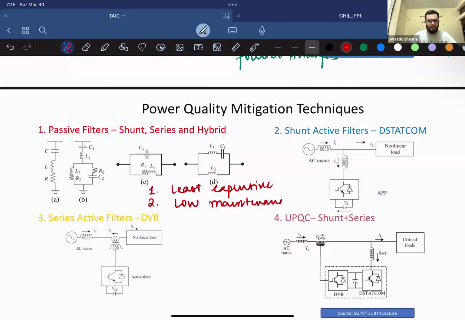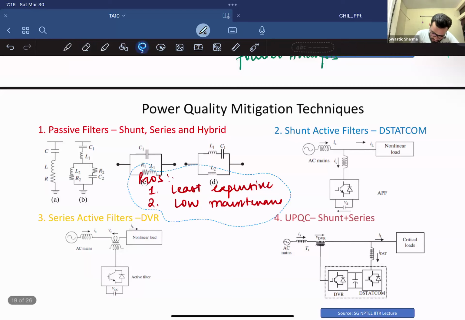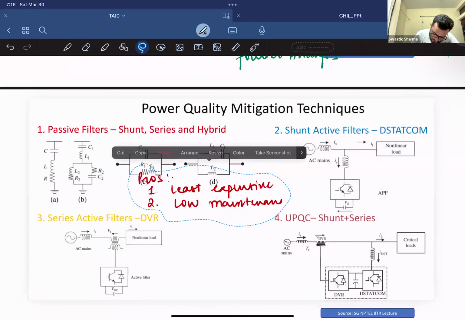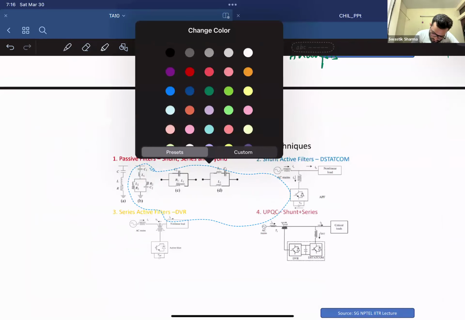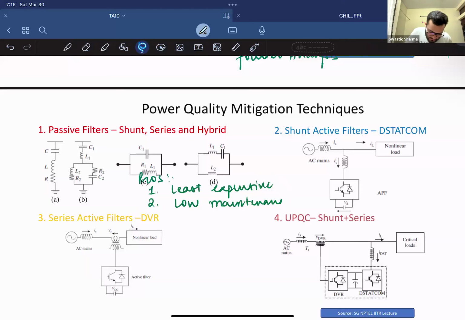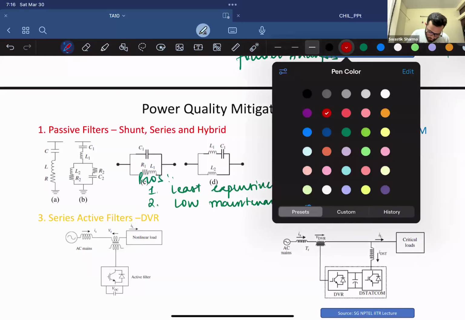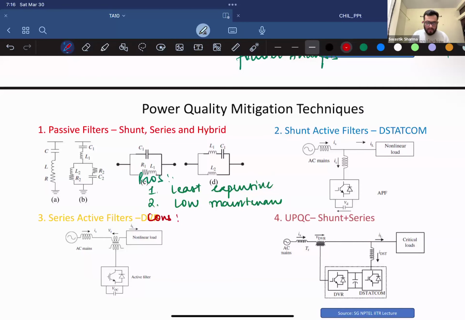But they also have some cons. Pros, right? It's better if I write them with a green pen. And then your cons. We should also discuss cons since we are at it.